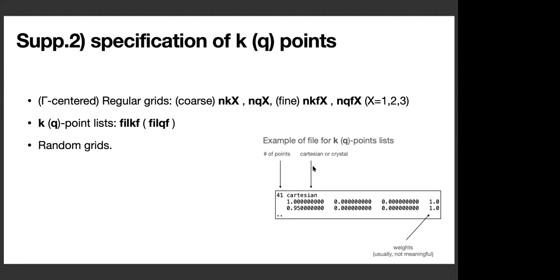In this case, you have two choices. The first one is the Cartesian 2 pi over a unit, and the other is the crystal unit. The first column represents the k or q point weight, but usually this weight column is not meaningful.